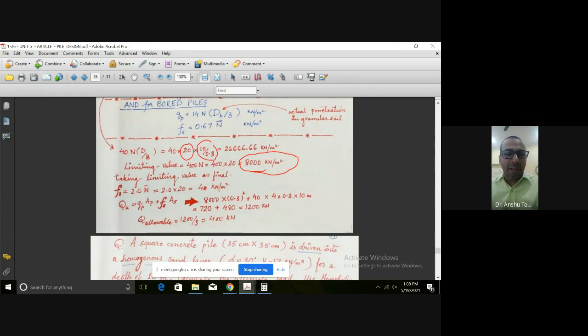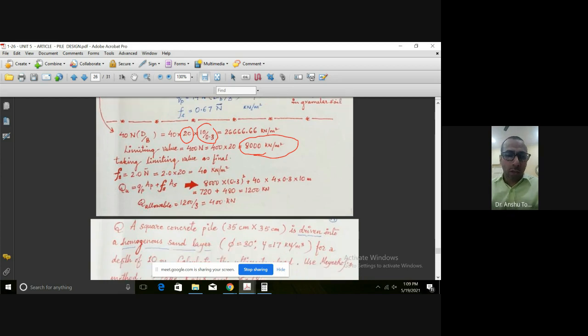QP क्या है, पॉइंट बियरिंग रेजिस्टेंस, जो हम अलग अलग मेथड से अलग अलग निकालते हैं डिपेंडिंग अपॉन whether it is driven pile, bored pile, cast in situ pile. और QS क्या है, QS is a skin friction resistance depending upon again the type of pile and the installation of the pile. तो QU, the U letter जो है that is Q ultimate.